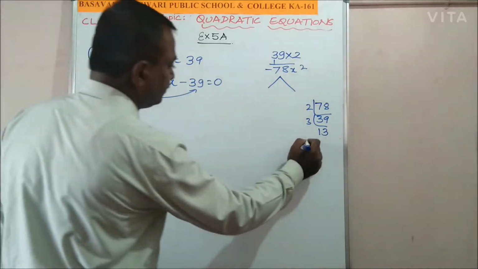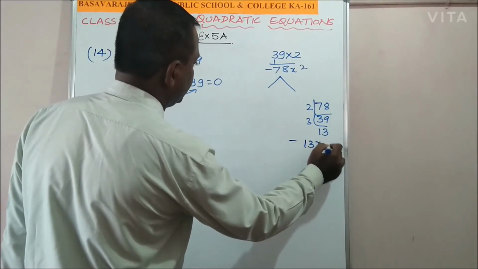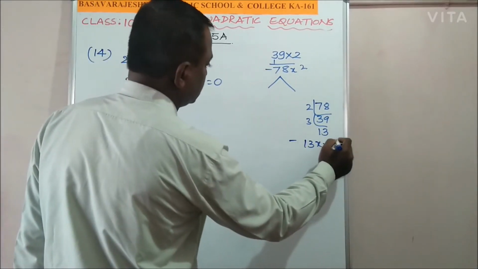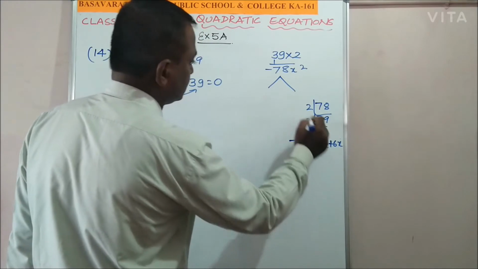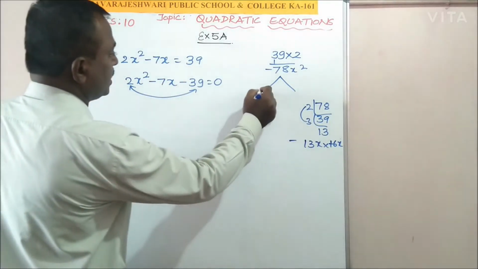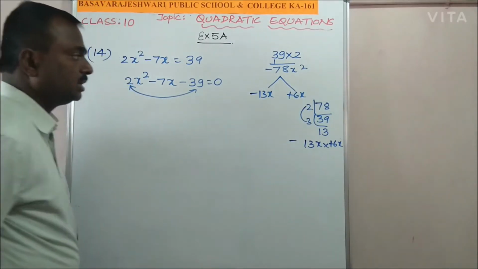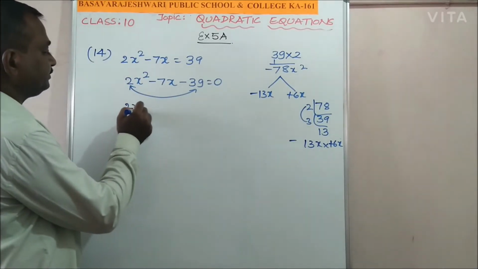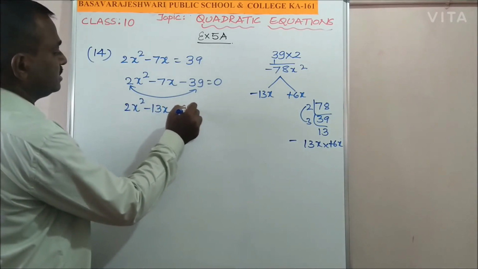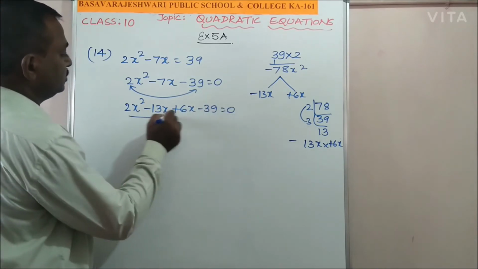So this is minus 13x into plus 6x. Okay, minus 13x into plus 6x, that is minus 13x plus 6x. So 2x square minus 13x plus 6x minus 39 is equal to 0.